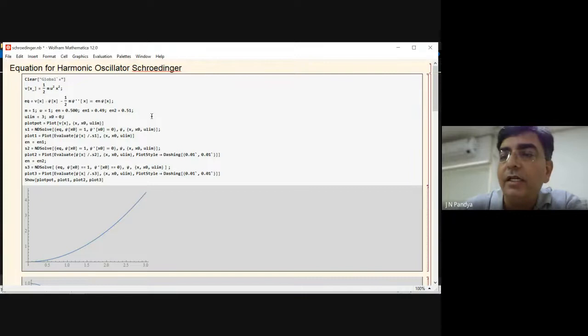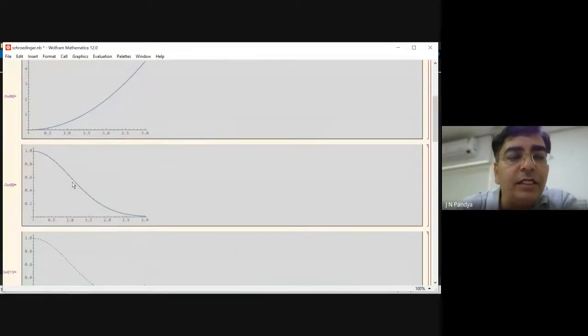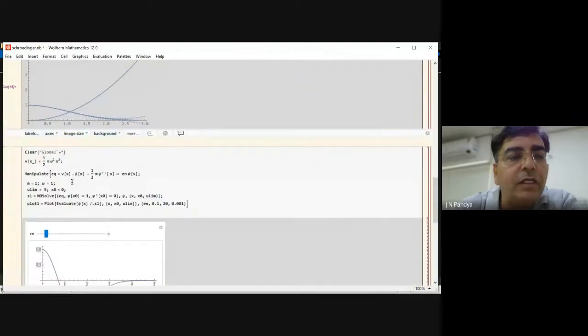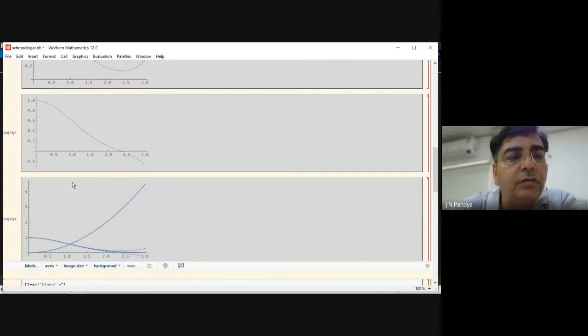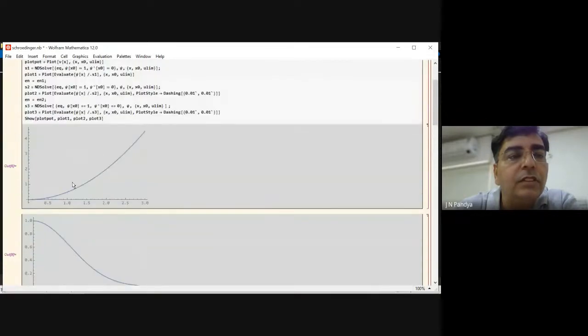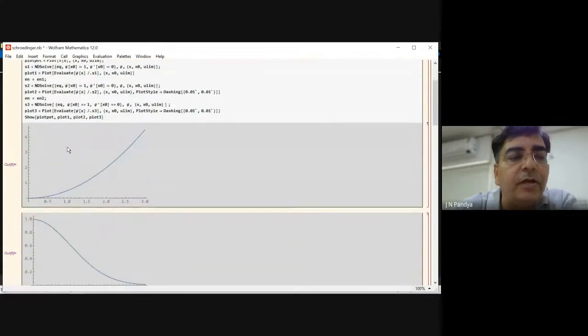Okay, let us try to run this. When I run this, you can see that for a particular case, it is giving you three different plots.